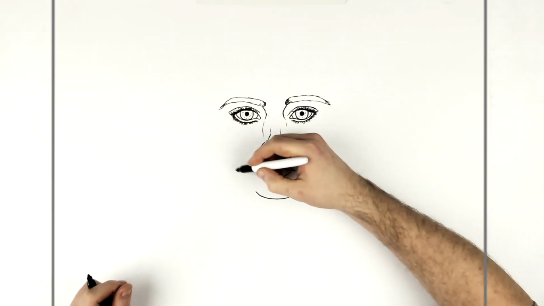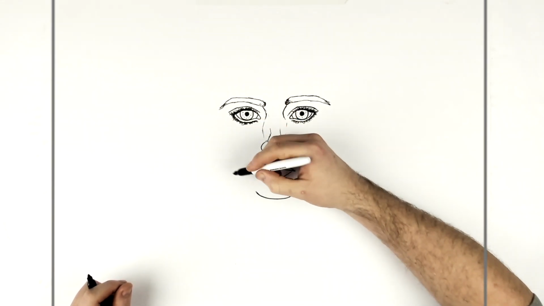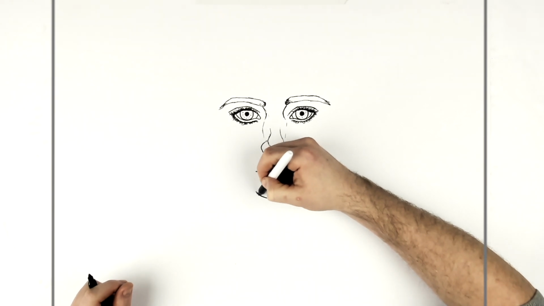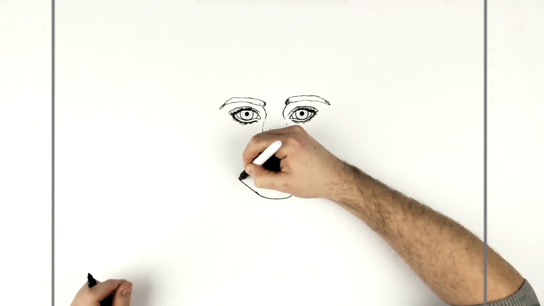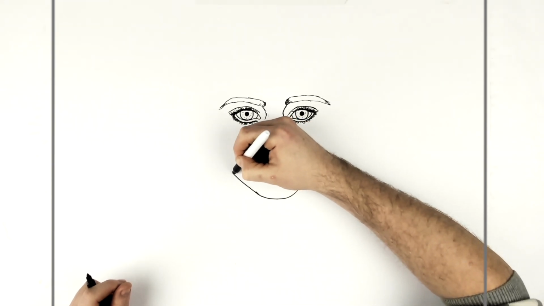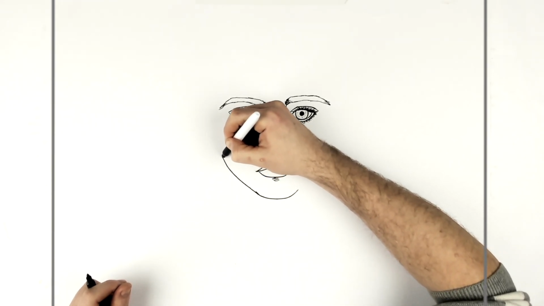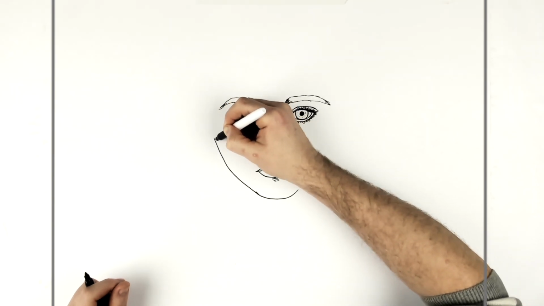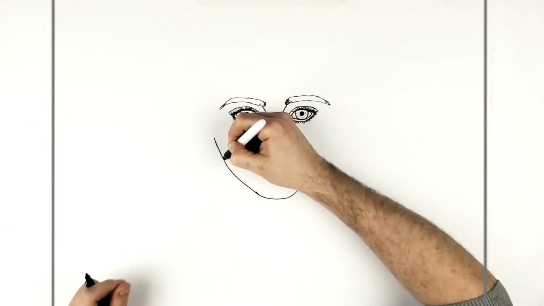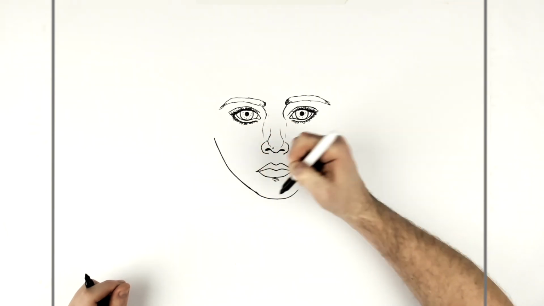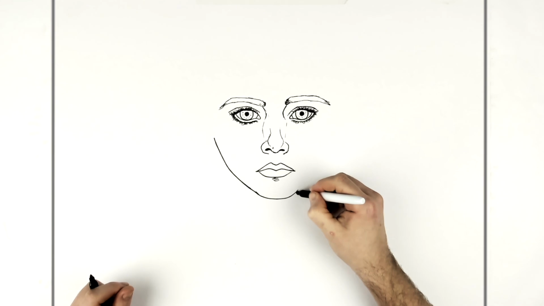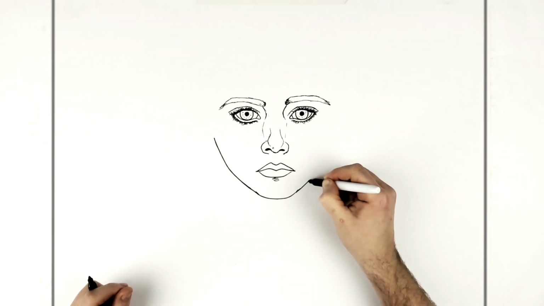So real curved sort of jaw now, right? So gradually curving around her face. So like soft features, go as curvy as you can. Same on this side pretty much.